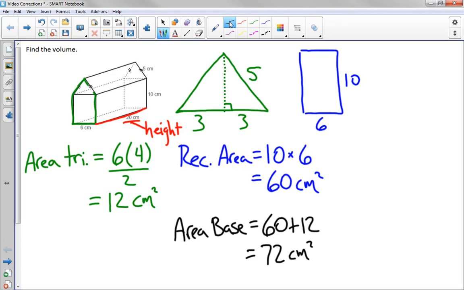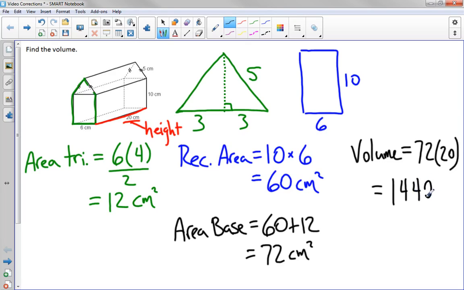The volume is the area of the base, which is 72, multiplied by 20. 72 times 20, if I can do my math correctly, sounds like 1440 cubic centimeters.